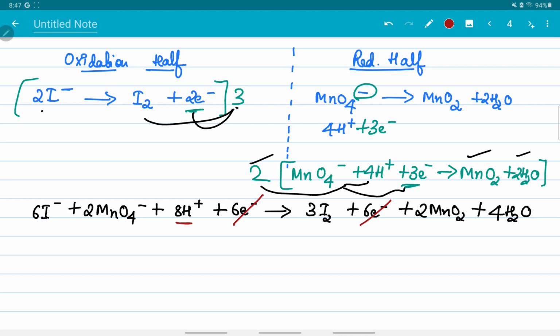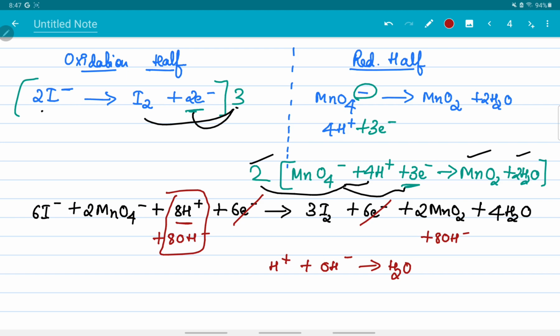Since there are 8 H plus ions, we will add 8 OH minus ions to both the sides. So let me add 8 OH minus ions to this side, and 8 OH minus ions to the right hand side also. Now on the left hand side there is 8 H plus and 8 OH minus. You know that H plus plus OH minus is going to give you H2O, the water molecule.